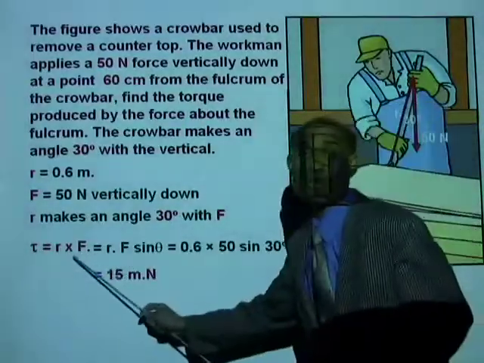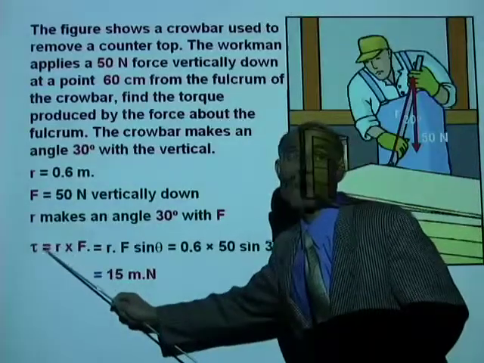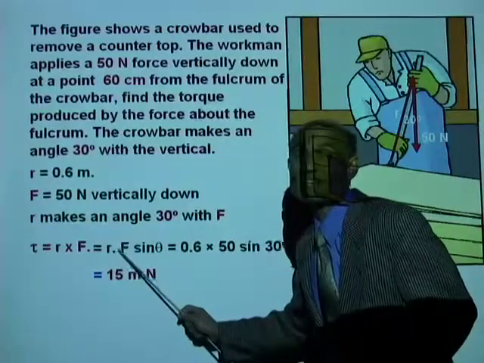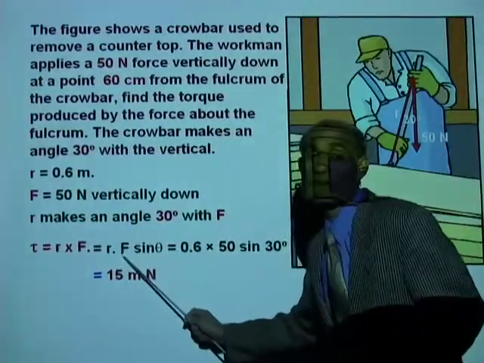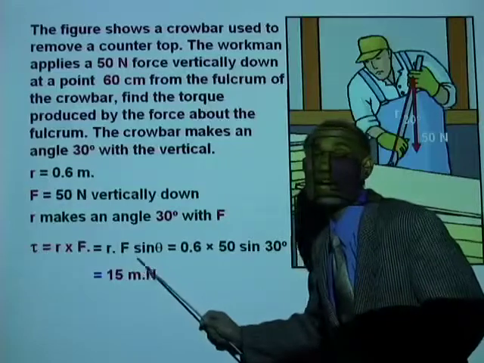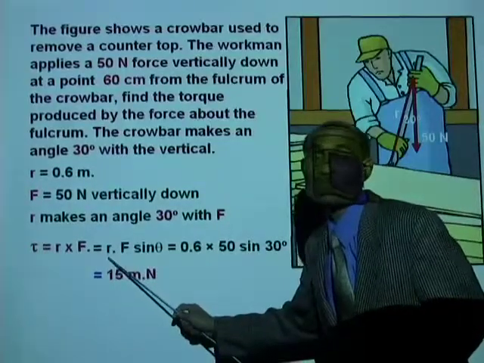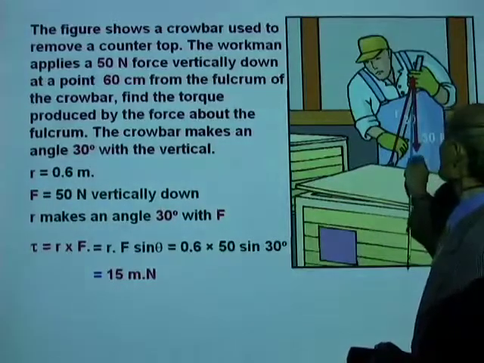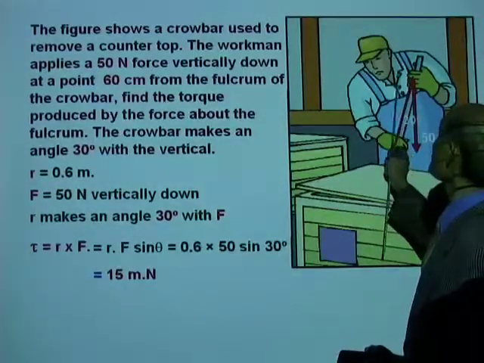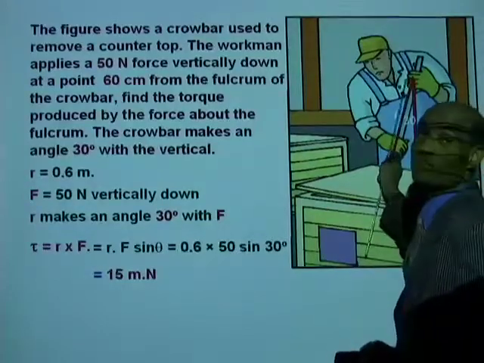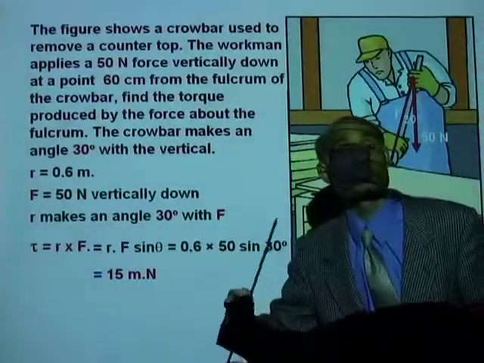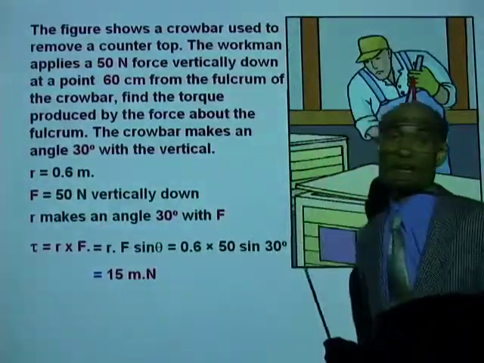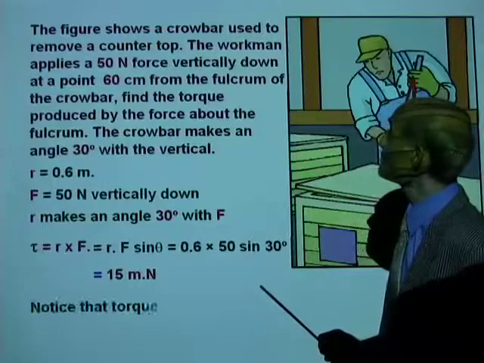That is a very important concept here, that the magnitude of the cross product tau is R times F sine theta. Remember I told you it is F sine theta that is at right angles to R. So it is the component of the force at right angles to the R vector that actually produces the torque, which gives you 15 meter Newton.